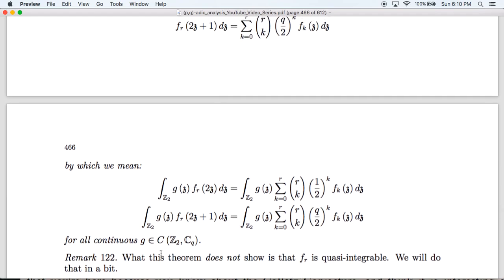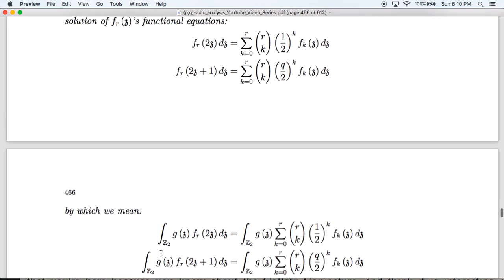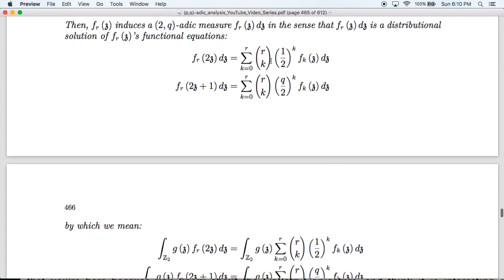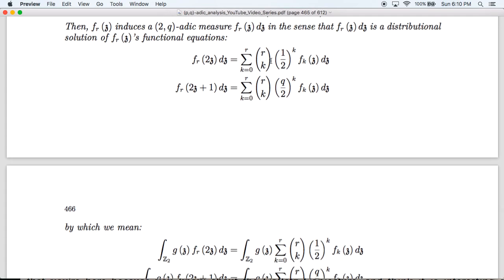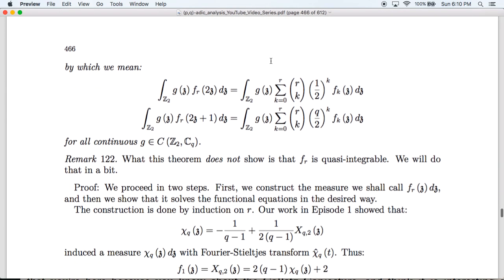Again, note that this does not show that FR is quasi-integrable, because it says nothing about the convergence of the Fourier-Stieltjes transform of this measure, the convergence of the Fourier series generated by this transform to FR itself. We proceed in two steps. First, we construct the measure we call FR of z dz, and then we show that it solves the functional equations in the desired way.